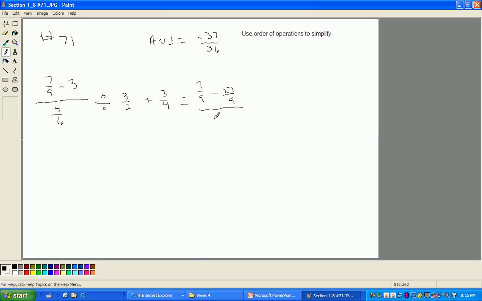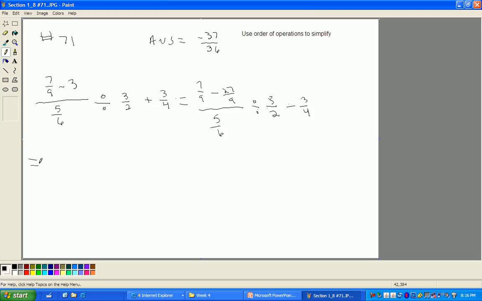And this is 5/6 divided by 3/2 plus 3/4. I'm going to carry it down here.